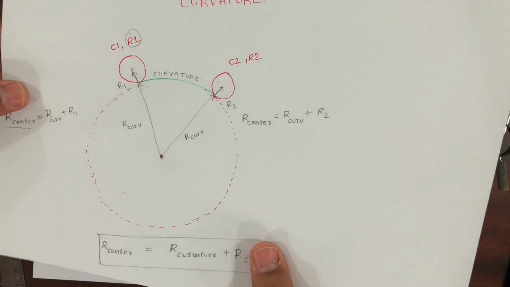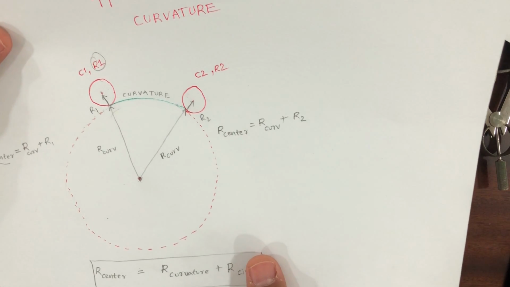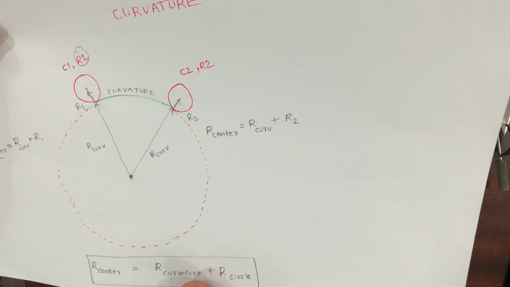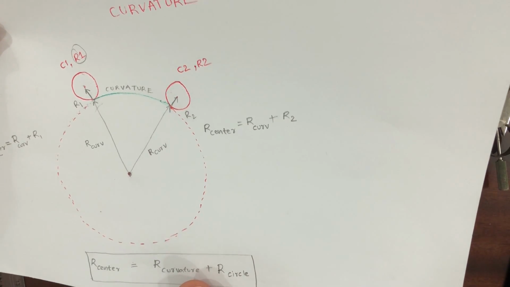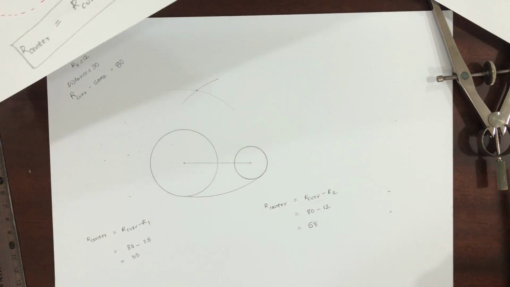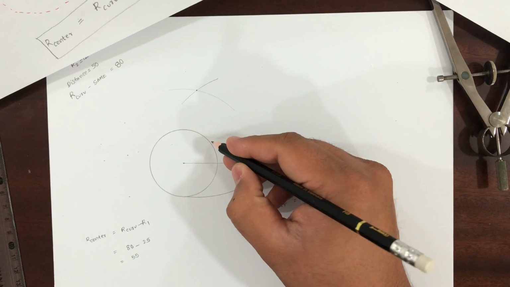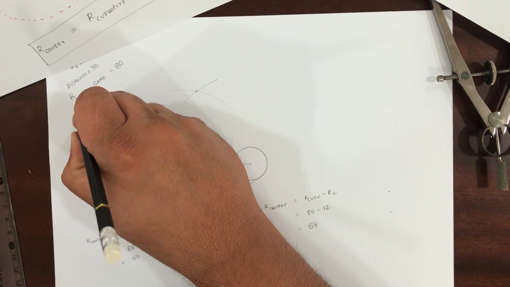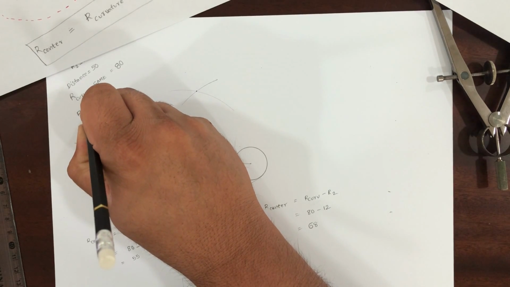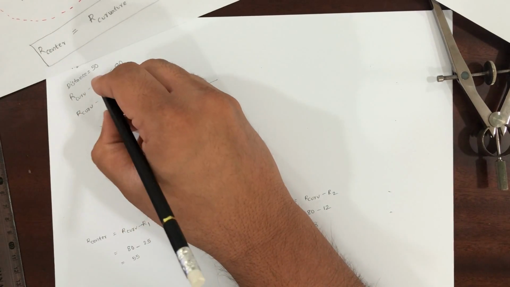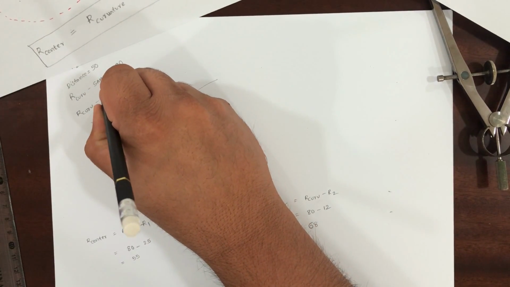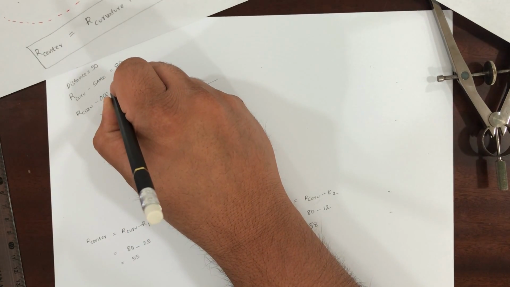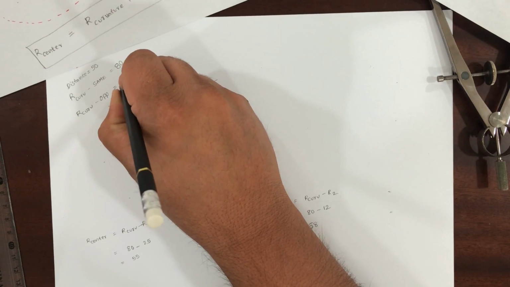We have derived these formulas before, so hopefully you remember them. Now this radius of curvature is given as 40. So I will write this as R curvature opposite side is 40.